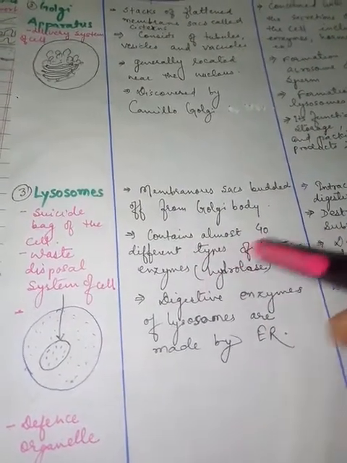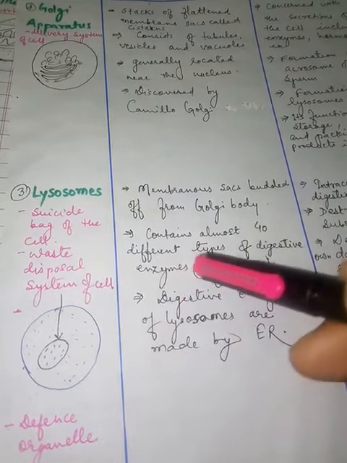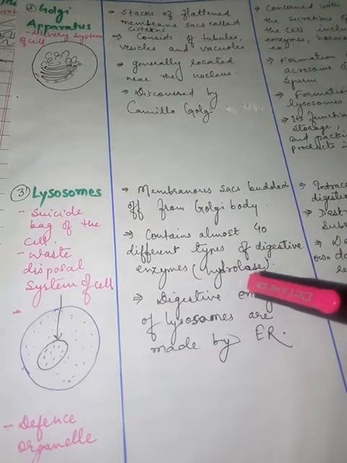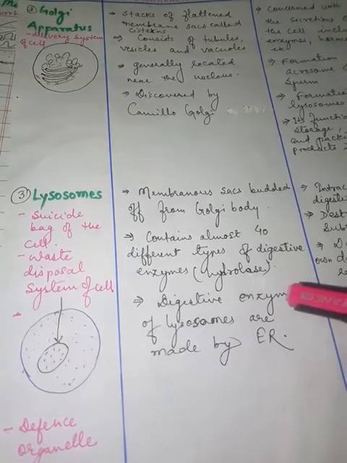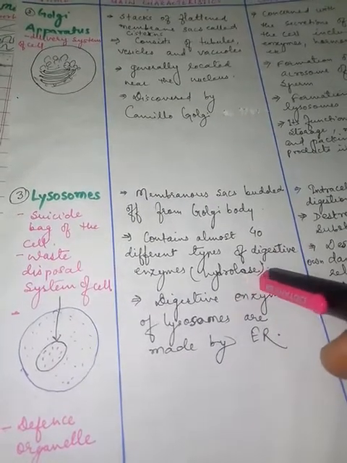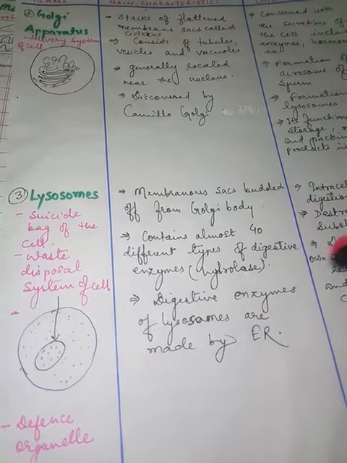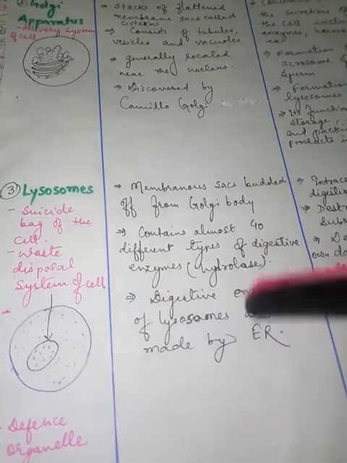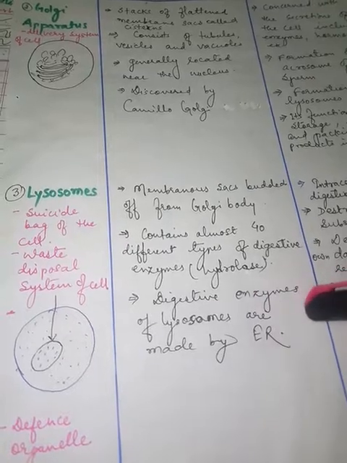It contains almost 40 types of digestive enzymes, which are called hydrolase. And these hydrolase are responsible for dissolving or destroying different things, which we will discuss right now. Digestive enzymes of lysosomes are made by the endoplasmic reticulum.